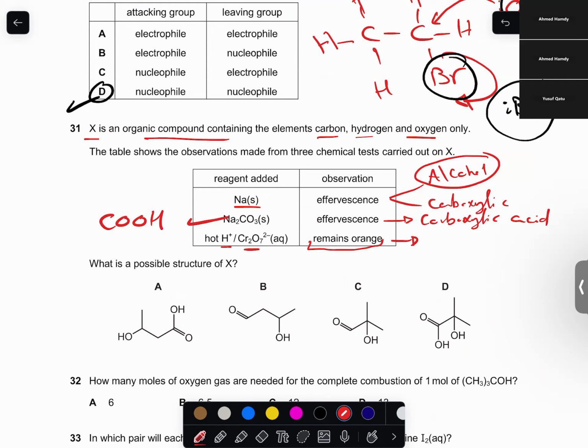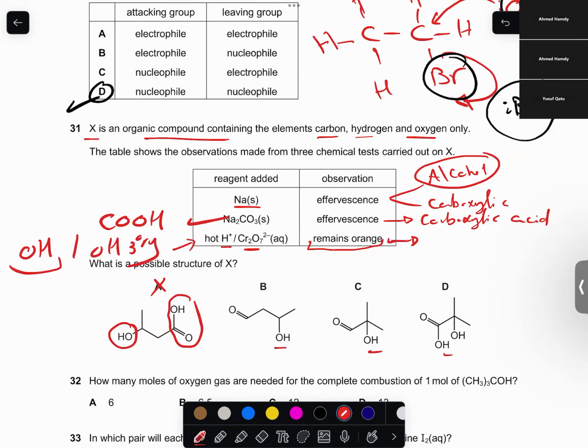For the alcohol group, since it doesn't give any result with potassium dichromate, either OH doesn't exist or OH exists on a tertiary carbon atom. In both cases, it will not give a result with potassium dichromate. If we look at the first one, it contains COOH, and this OH is secondary, so it couldn't be the answer.